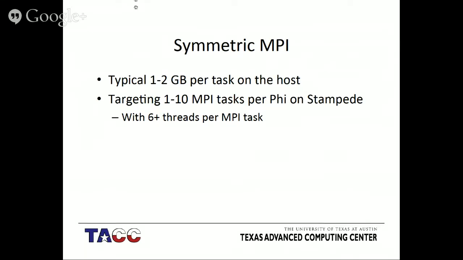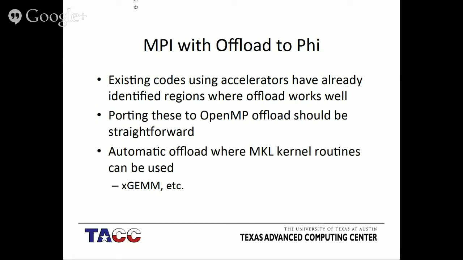If you go to a really high number, then you start congesting the PCI Express bus when hundreds of MPI tasks try to communicate through it. And then depending on the number of MPI tasks that you have, you assign a number of threads to each MPI task so that you can use the whole device, and that in total you're running 60, 120, 180, or 240 threads on the Xeon Phi.